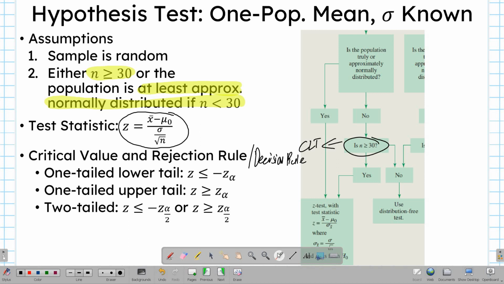If it's one-tailed lower tail, the test statistic should be lower than negative z alpha, which we're going to demonstrate later. If it's one-tailed upper tail, then the test statistic should be greater than or equal to positive z alpha. Remember, alpha is our level of significance that the problem should give. In the event that it's two-tailed, then we follow either this or this, provided alpha has been divided by 2.